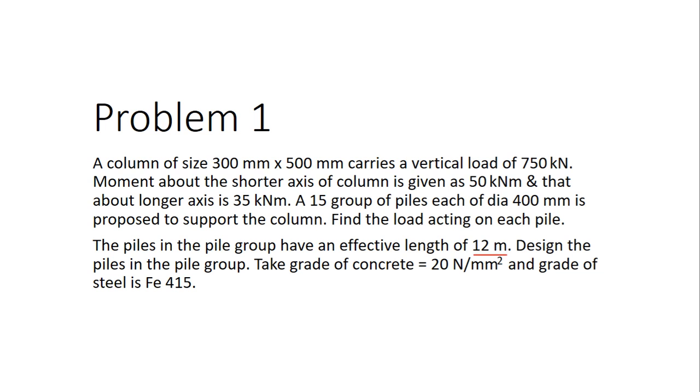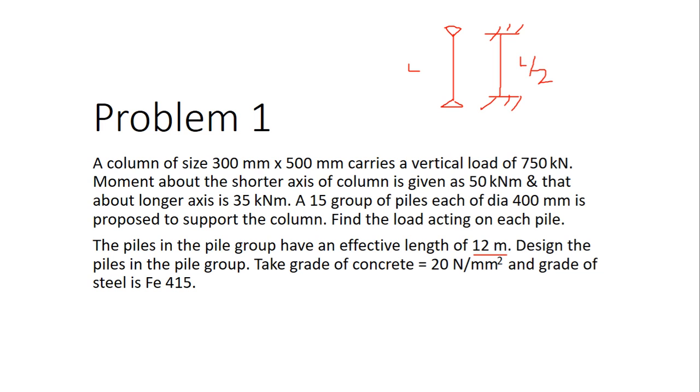When I say the term effective length, you must have read in columns that there are many end conditions. There may be a column where the ends are hinged, and there may be a condition where both ends of the column are fixed. When both ends are hinged, the effective length is L. When both ends are fixed, the effective length is L by 2.